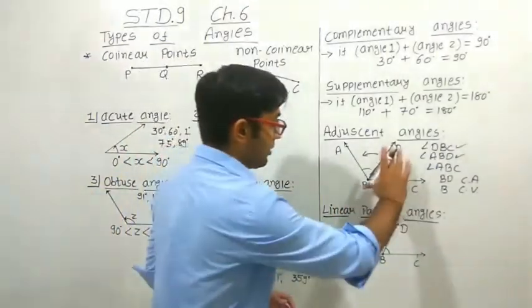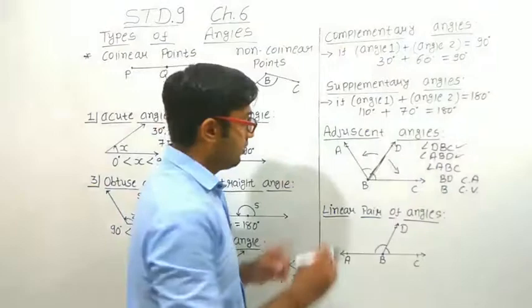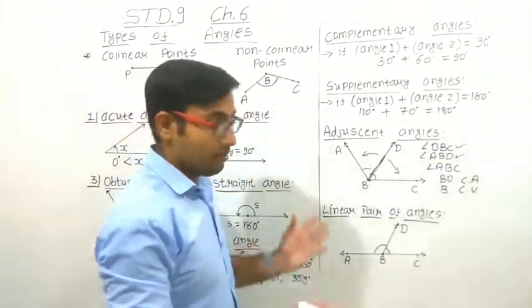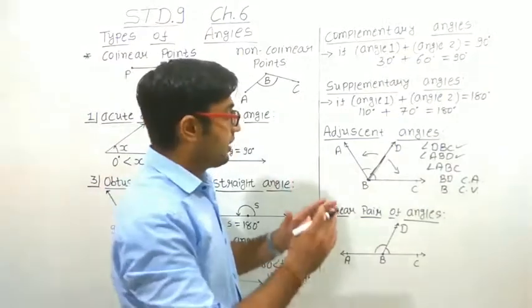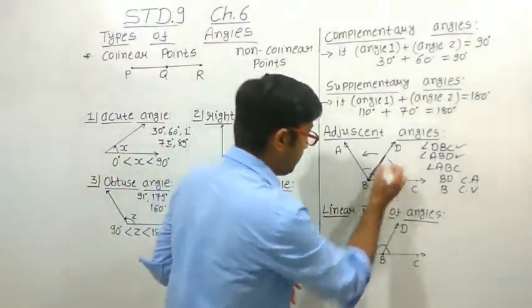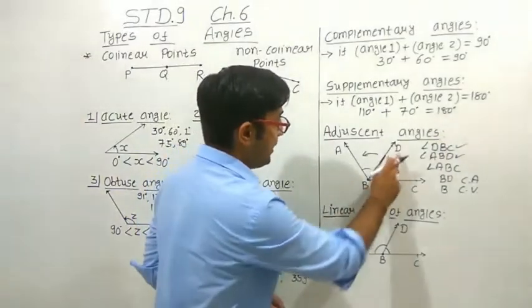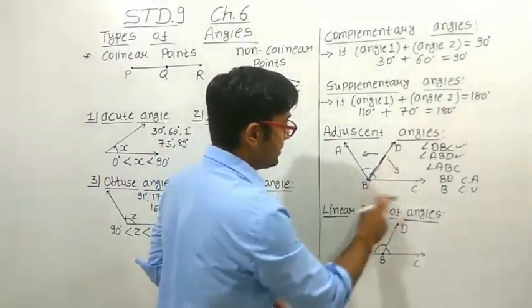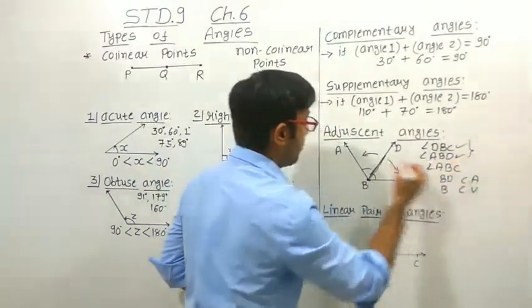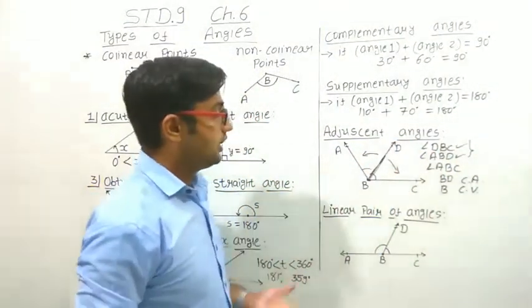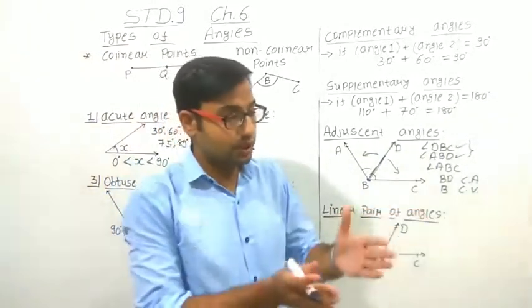First condition is that there must be one common arm. Second, they must have a common vertex. Third, whatever arms remain, they must be opposite to the common arm. Then only we can say that ABD and DBC, these two angles, are called adjacent angles. You can compare it with two rooms.